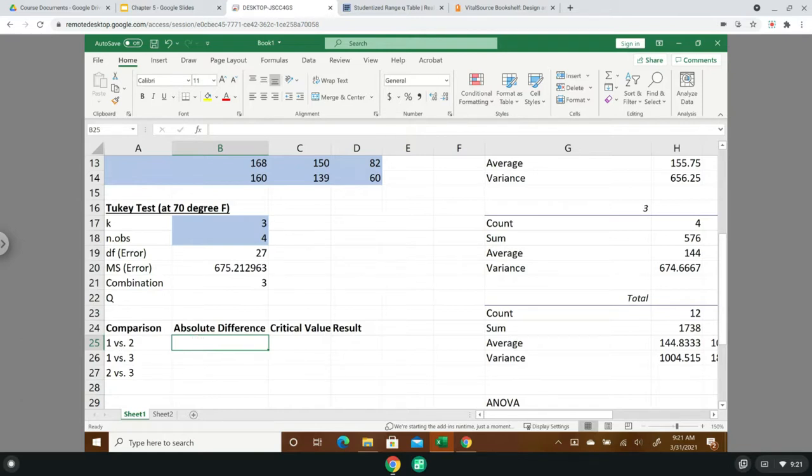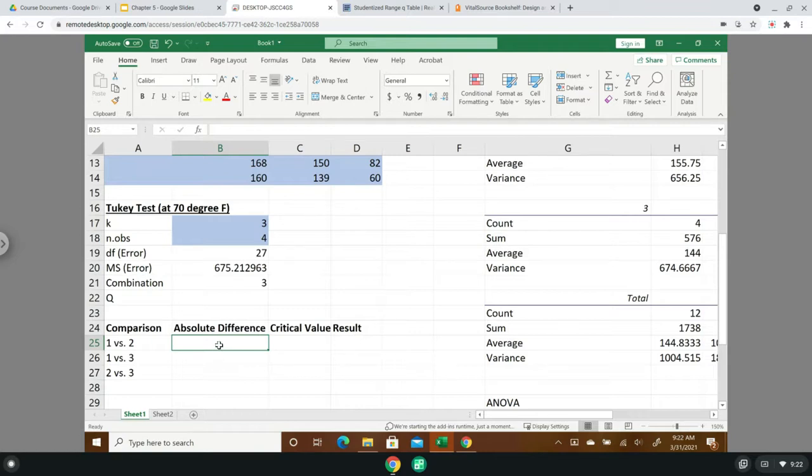So we are basically comparing mu1 versus mu2, mu1 versus mu3, and mu2 versus mu3, and we're going to find those absolute differences, and then we are going to compare those absolute differences with some critical value based on this Q value, and based on that comparison we will be able to say whether the difference between mu1 and mu2 is significant or not. If it is significant, that means mu1 is not equal to mu2. If it is not significant, that means mu1 is equal to mu2. That means there is no difference between material type 1 and material type 2.